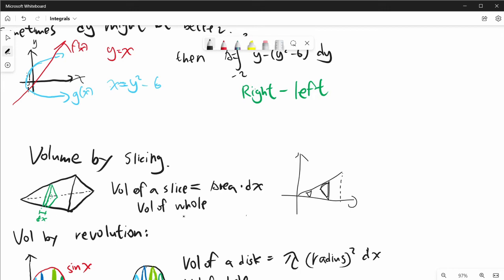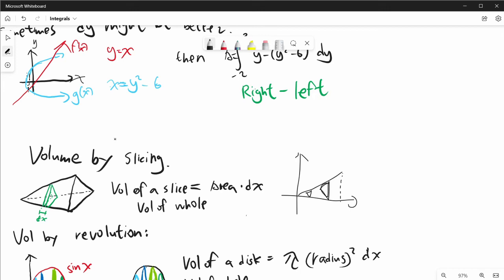So for these, we take it into very tiny slices, where the width of that slice is so small that we just call it dx. And then the volume of the slice in that case would just be the area of that triangle times that dx.